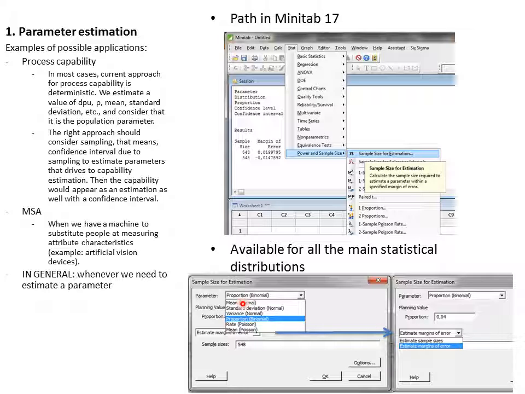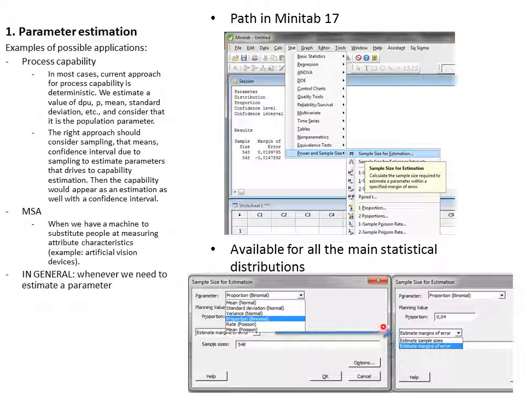several examples where you can estimate different parameters: the mean, standard deviation and variance from normal distribution, proportion from binomial distribution, and the mean rate from Poisson distribution.